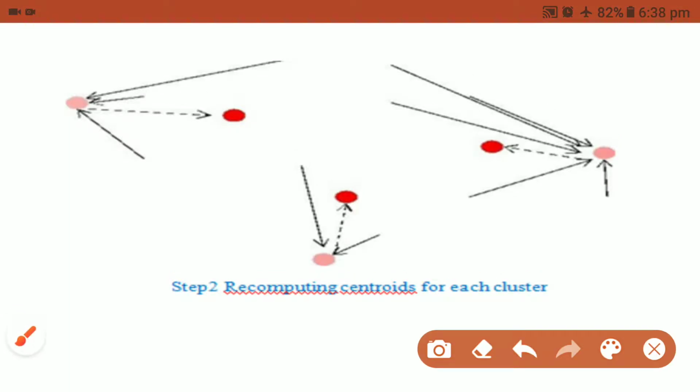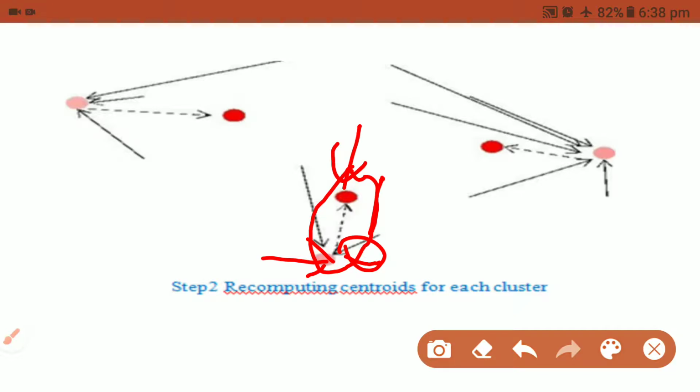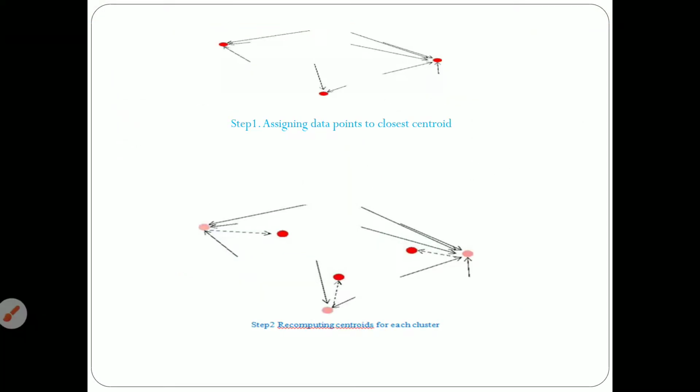You can see this part: this is the main centroid, and this is the old centroid. The old centroid will move to the new values, shifting with the help of the dotted line.